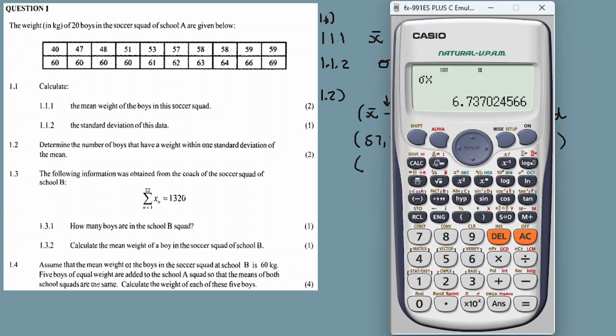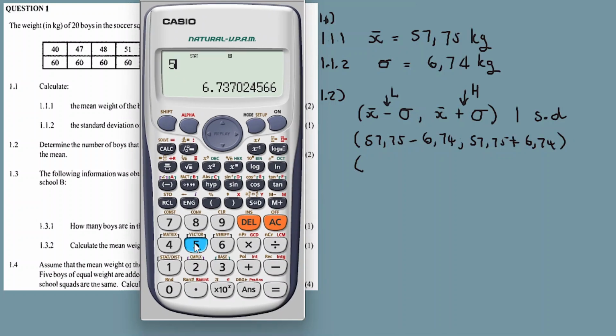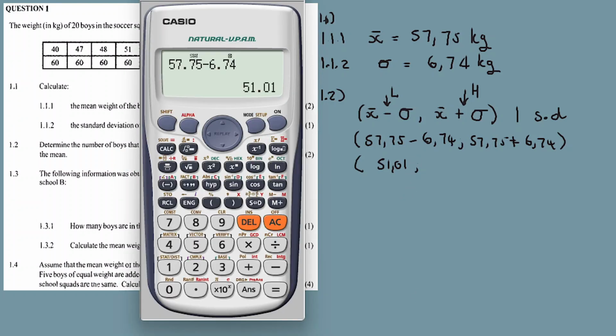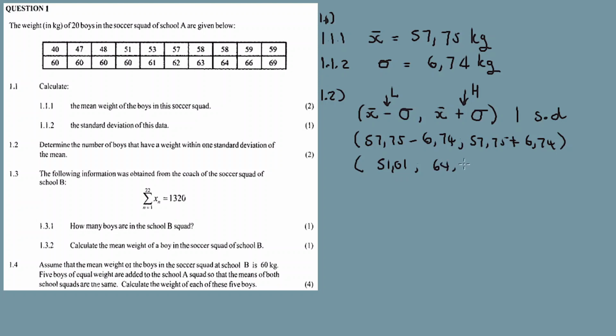We get 57.75 minus 6.74, which is 51.01. Then on the calculator, I change the sign to plus, which gives 64.49. So this is my 1 standard deviation lower limit and upper limit.